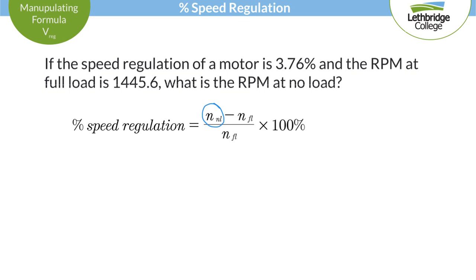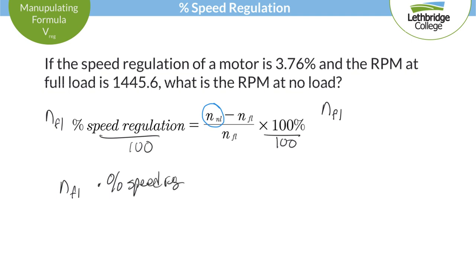Okay, just like the last question, I'm going to divide both sides by 100. I'm also going to multiply both sides by NFL. And so let's see what I have so far. NFL times the percent speed regulation divided by 100 equals NNL minus NFL.